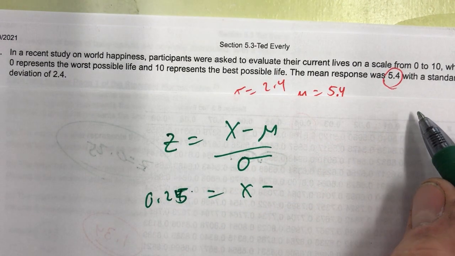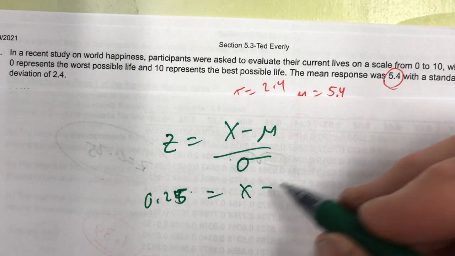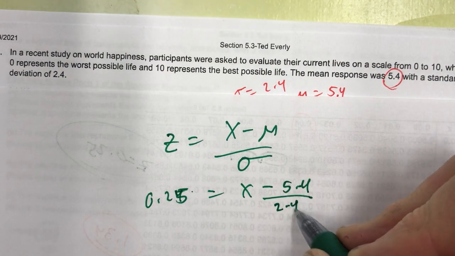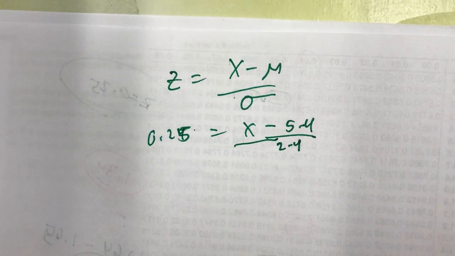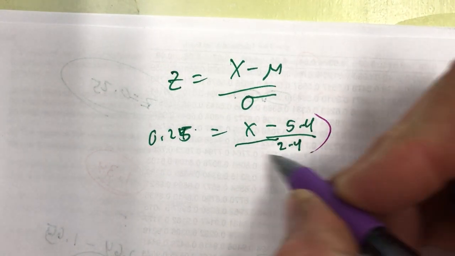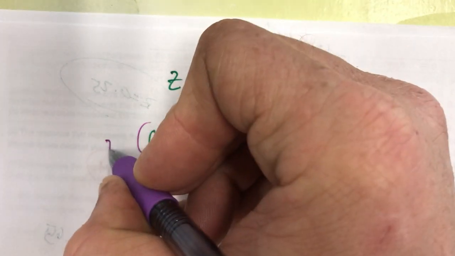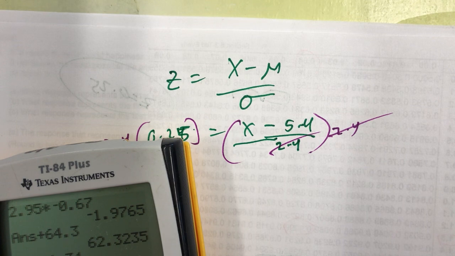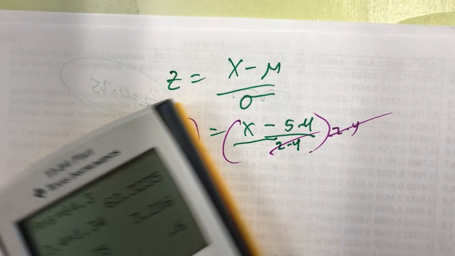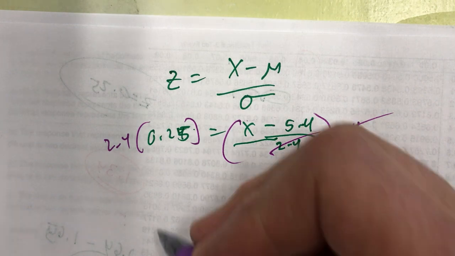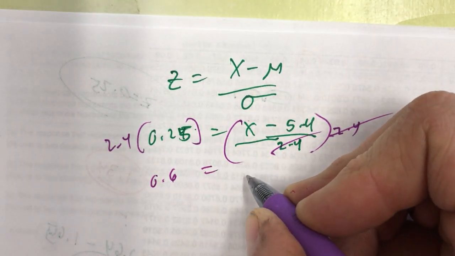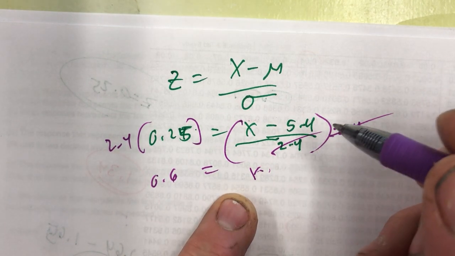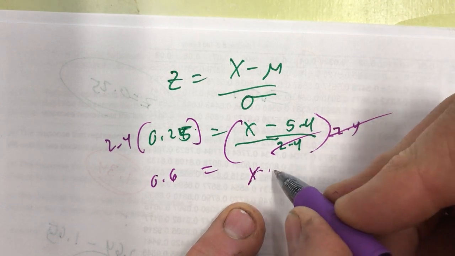My mu is 5.4, and the standard deviation is 2.4. Okay, and so I just solve this equation. The first thing I do, I've got to multiply by 2.4. This cancels off. So let's see here, 2.4 times 0.25 is 0.6. All right, so this is x minus 5.4.